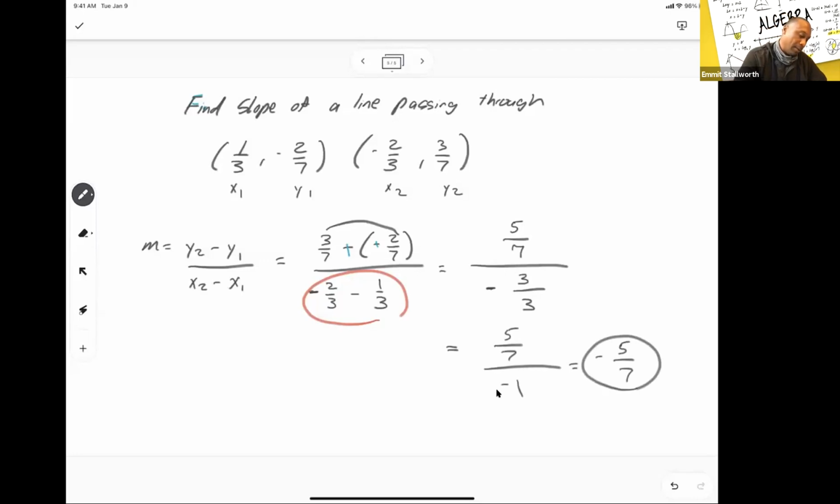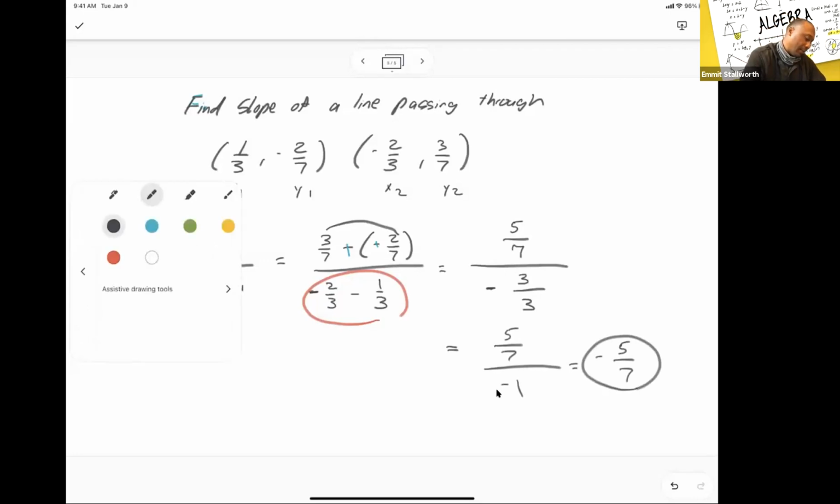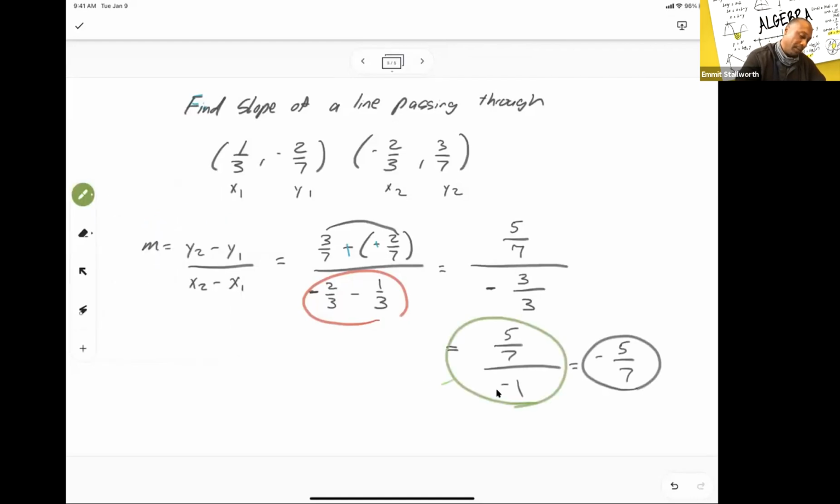Okay. I know a lot of you guys didn't like that, but let me go into detail on this little part right here, because I know this is ugly. So we have 5/7 divided by -1, which is the same thing. Remember that division is the same thing as multiplying by the reciprocal.